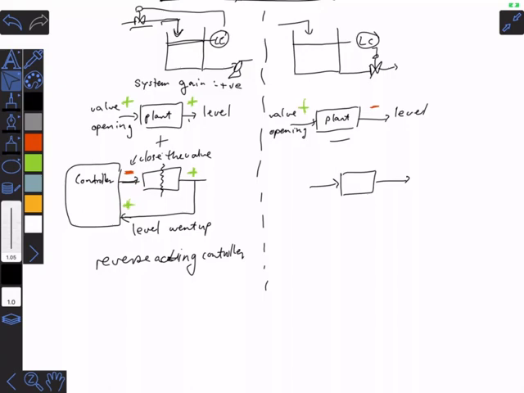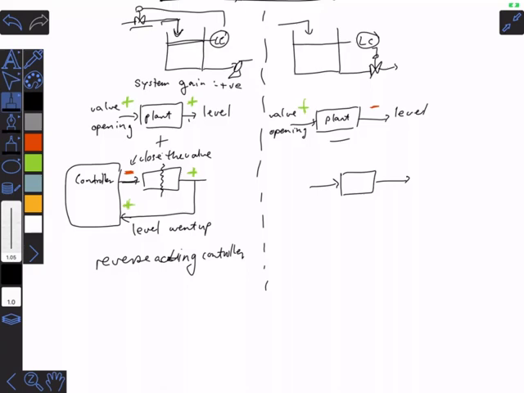Go once around the loop. My recommendation is, when you're trying to figure out action, start at the controlled variable and move around until you have figured out the desired manipulated variable. That'll allow you to reason about the controller action. Okay? Let's just do the same thing again for the other one.